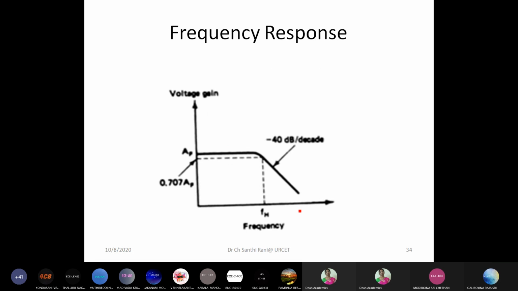For this type of filter, the gain magnitude decreases at 40 dB per decade. So the roll off is at minus 40 dB per decade.